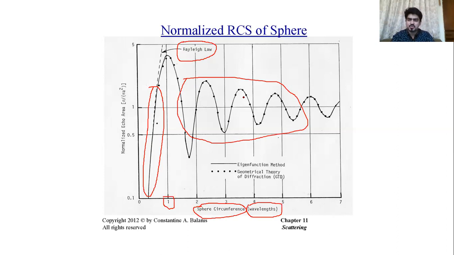That response is what we call Mie scattering or Mie resonance. This is explained by Mie resonance, and again, we learned this in high school physics. So this is nothing but the Mie resonance.